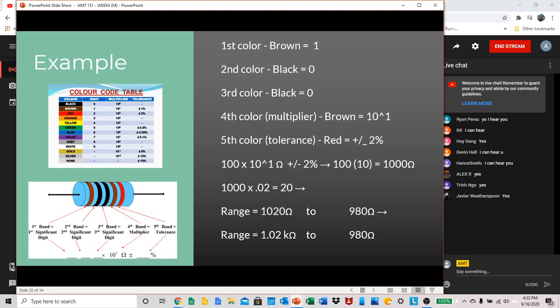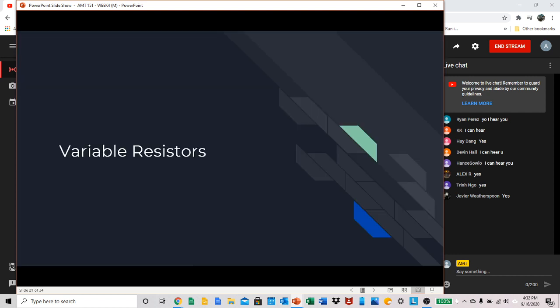We went through an example of the color code bands and the ratings, and then I believe here is where I stopped because of the internet trouble. So you guys should have seen these slides. They were loaded on Monday. They're still on there now.